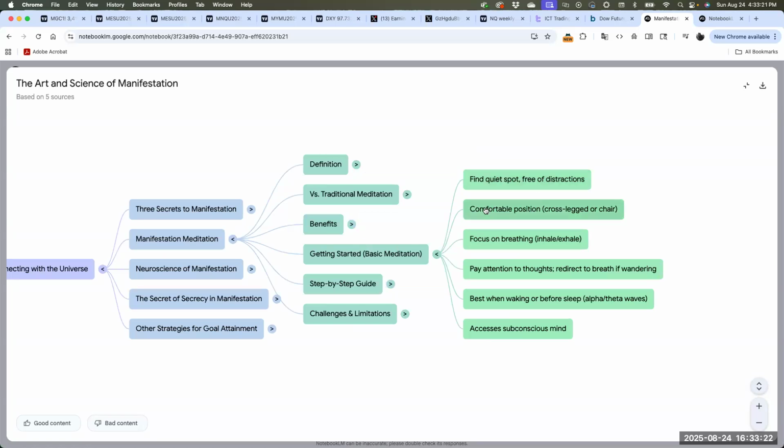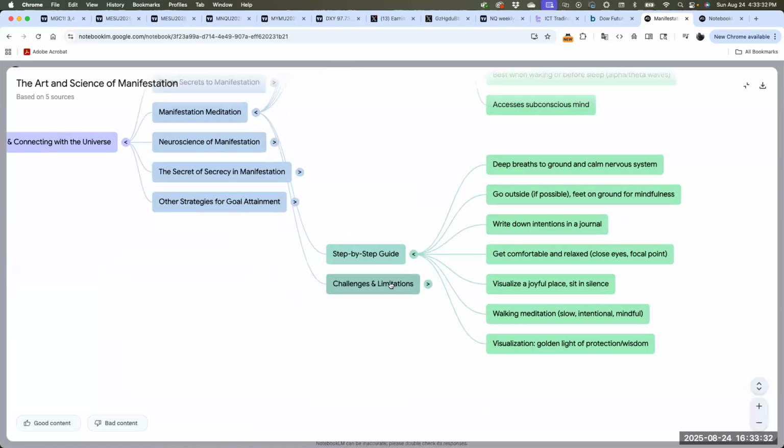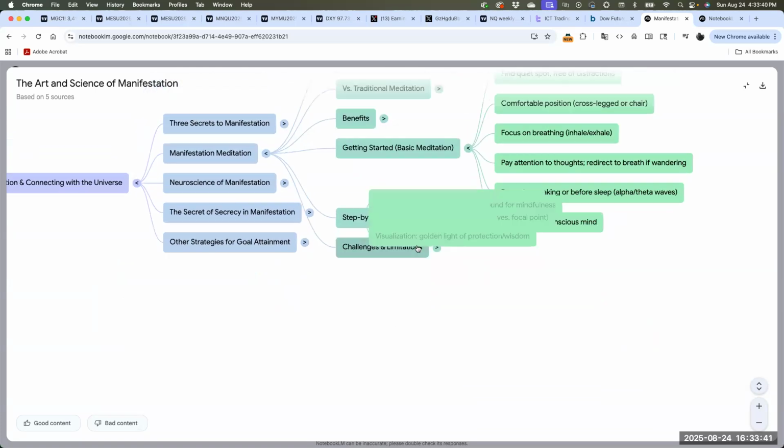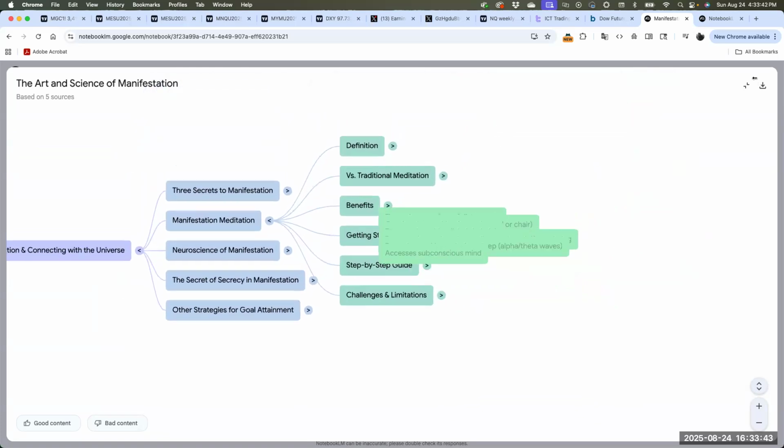Find a quiet spot free of distractions. All right, here's how we can start our meditation process, right? A step-by-step guide. Like I know Anna does a lot of meditating, so she probably knows all of this stuff already. So yeah, this is part of what it would look like.